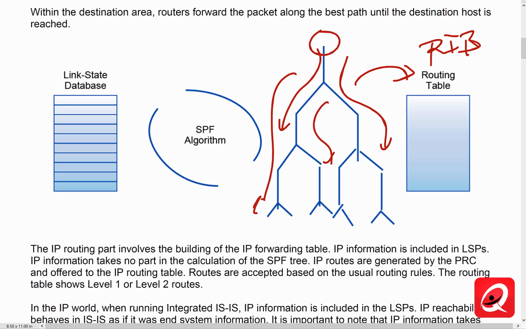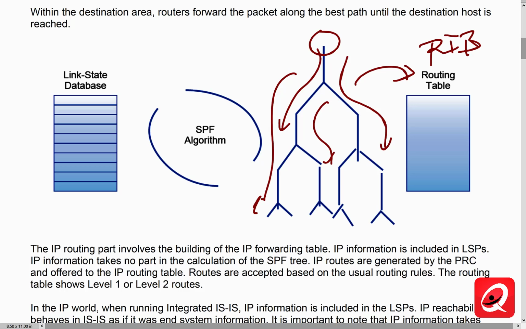All right. So in our case with ISIS, it's really no different. We build our IP forwarding table based on the information that we collect through the link state packets. And the IP information itself is not really part of the calculation of the SPF tree, but we still obviously are trying to route to destinations.